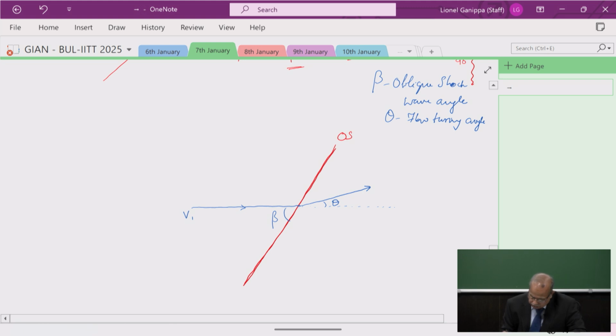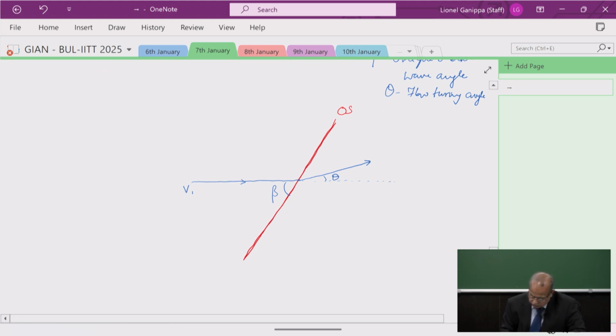Because it is inclined, the flow that encounters the oblique shock is at an angle, and it can be resolved into two components: one is the normal component, the other is the tangential component.